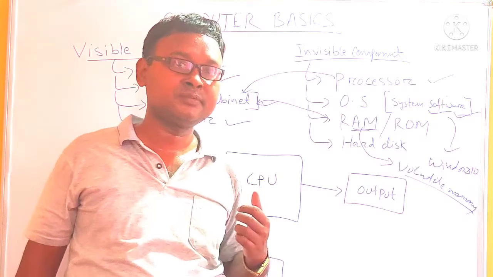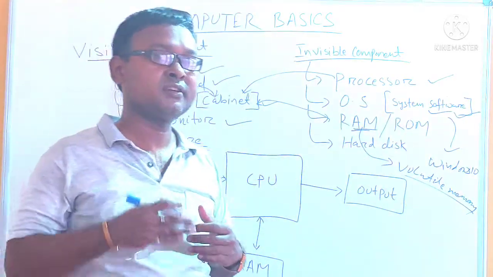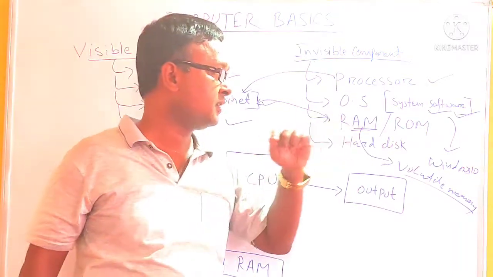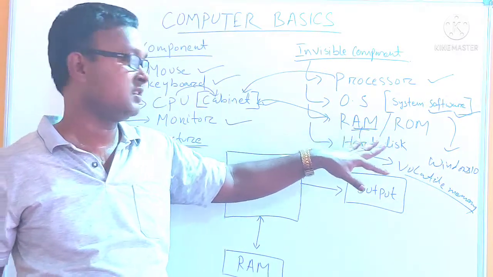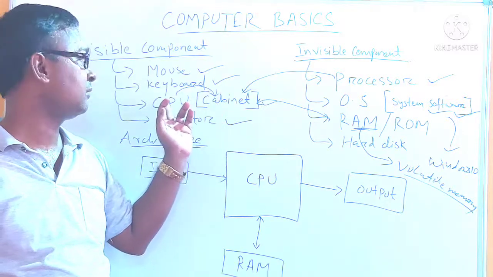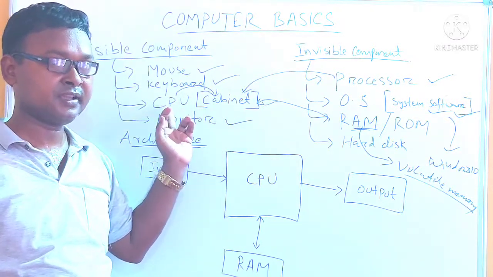If you are purchasing 4 GB RAM, the speed will be somewhat less. So it depends upon the capacity of the RAM you are using in your computer system. RAM is a very important component which is inside the cabinet, along with your CPU and processor.